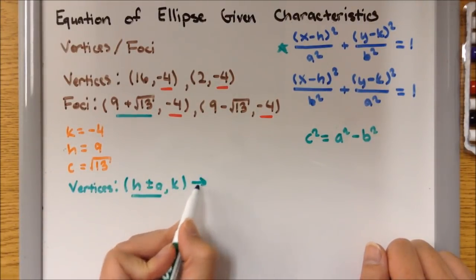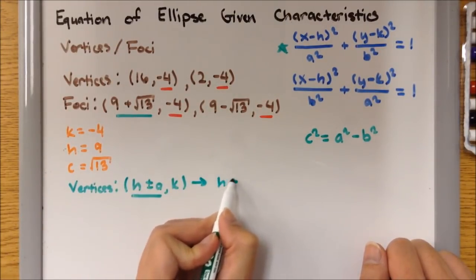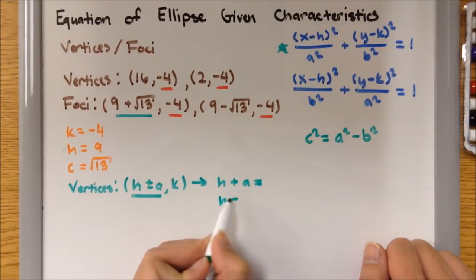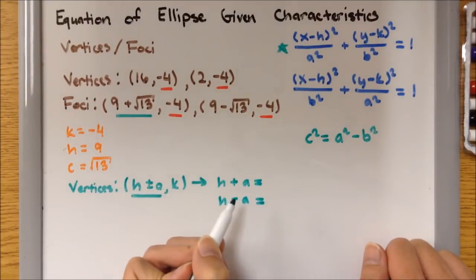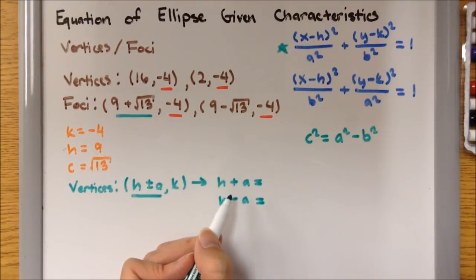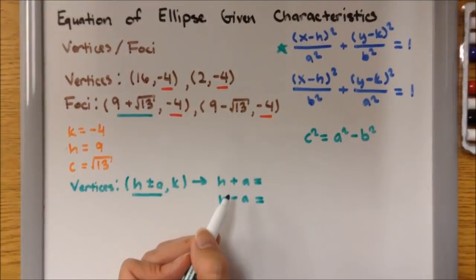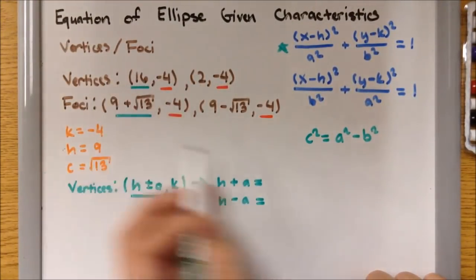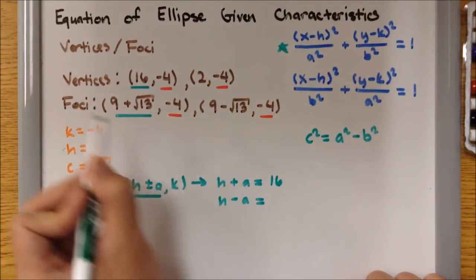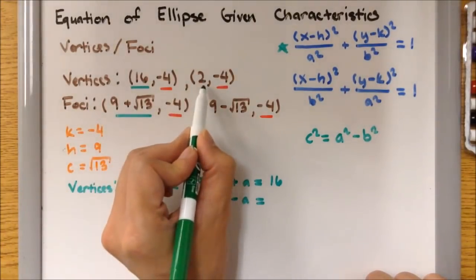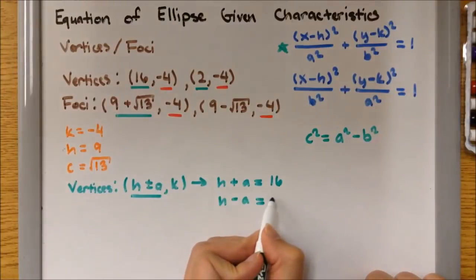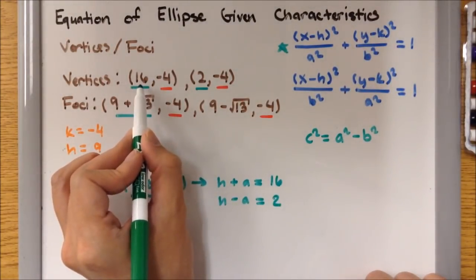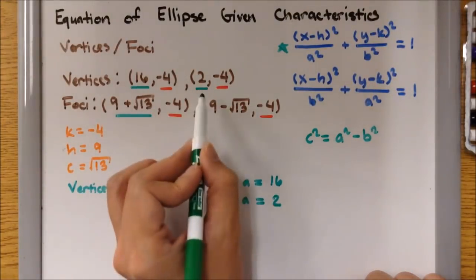So what it means is h + a equals something and h - a equals something. For h + a, we usually use the bigger number, which is 16, and for h - a we use the smaller number, which is 2. So I use the 16 from this vertex, and the 2 from that vertex.